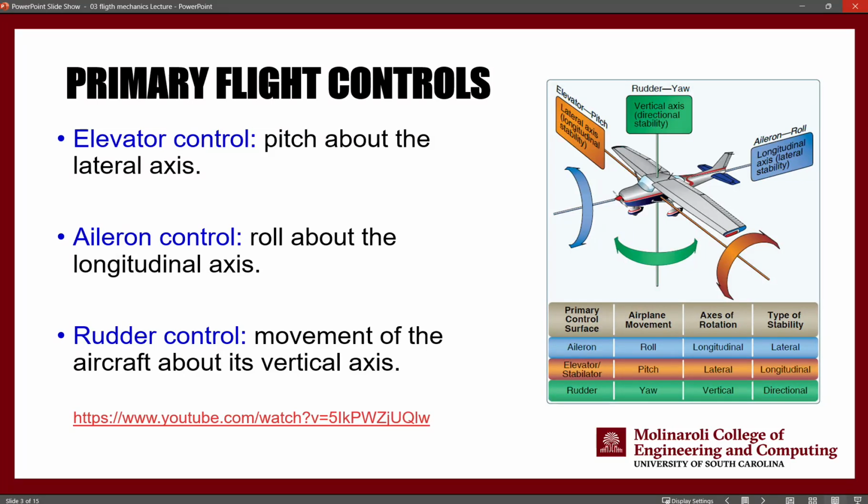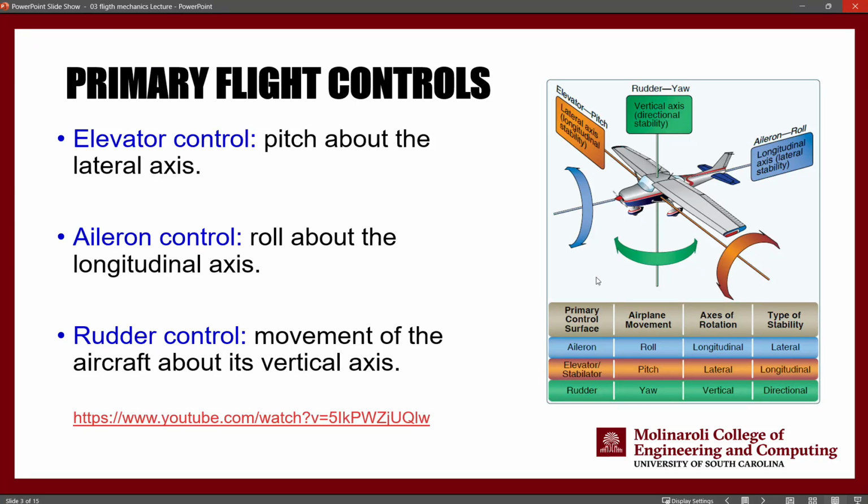Okay, so to understand the primary flight controls, we need to understand the primary movements of an aircraft. The first primary movement is the pitch of an aircraft, or movement around the lateral axis. So essentially movement in this direction. The second primary movement an aircraft has is the roll of an aircraft, so essentially rotating around this axis.